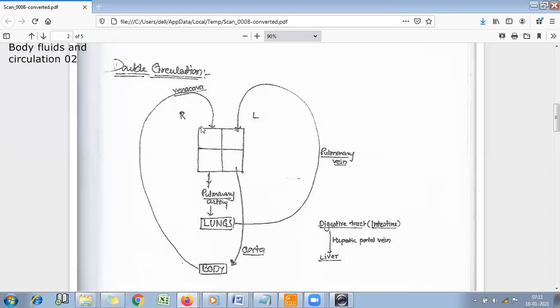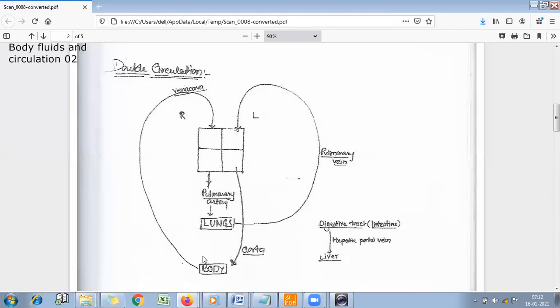As I told, the upper chamber will be considered the atrium, and the lower will be the ventricle. Here we will write the direction. This is right and this is left. This chamber is the right atrium and this chamber is the left atrium. This chamber is the right ventricle and this chamber is the left ventricle.